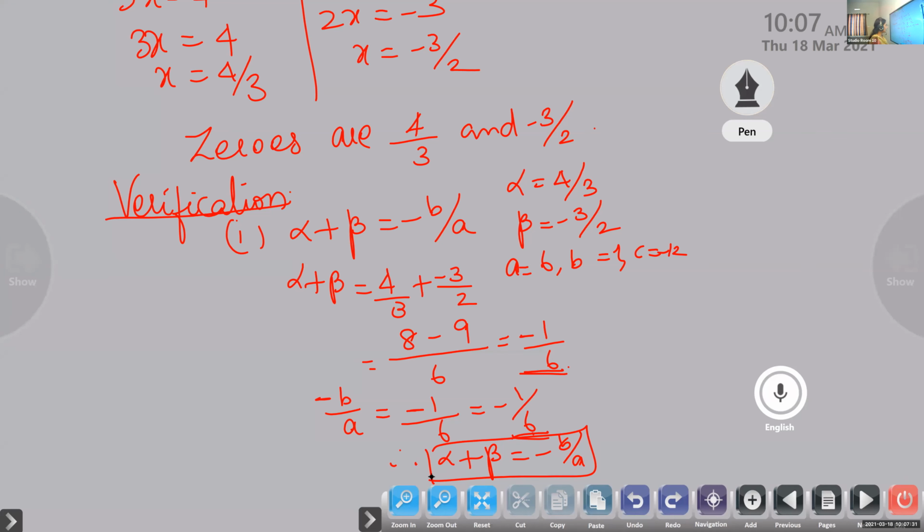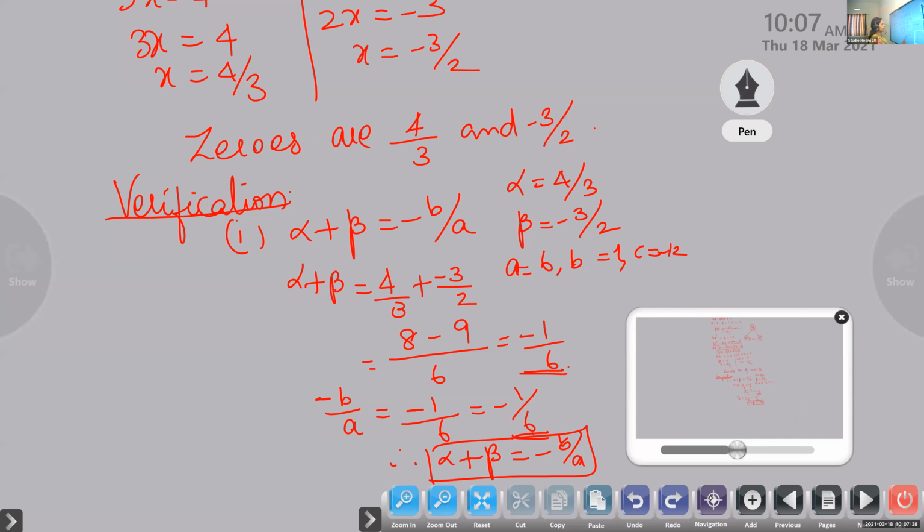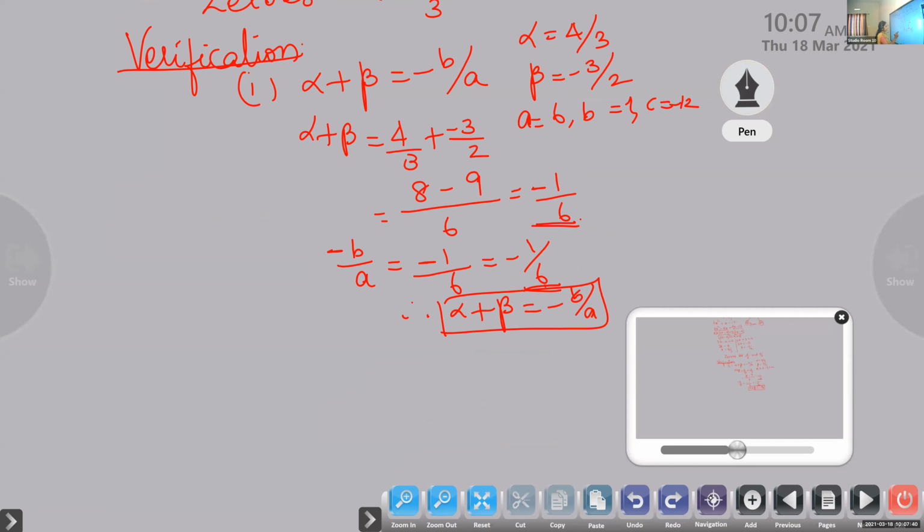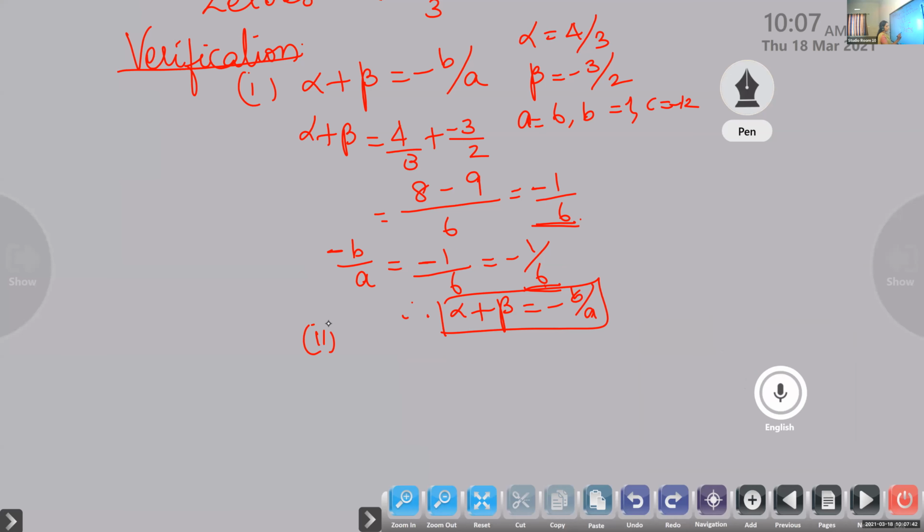What about the next one? Products. The second one is you have to verify the product, isn't it? Product alpha beta is equal to C by A. So you find out what is alpha beta. 4 by 3 into minus 3 by 2.